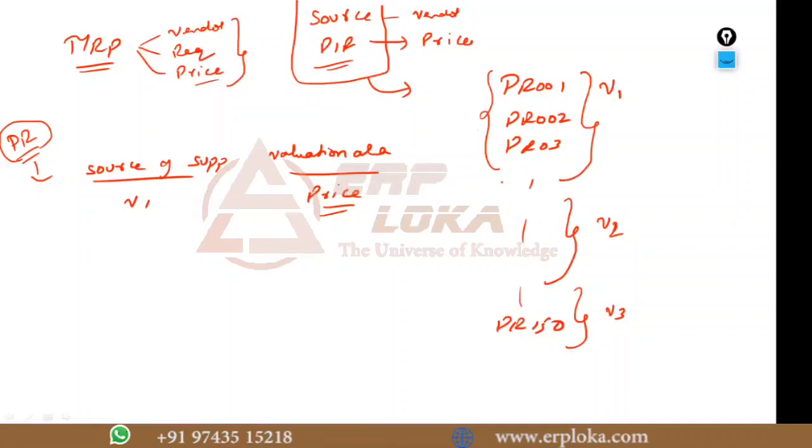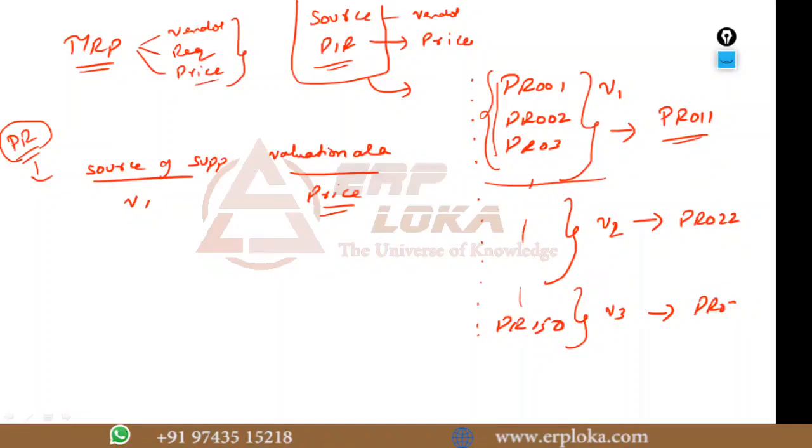When you select all these PRs and click on collective PR, these three PRs will be clubbed into one and give you PR 011. These PRs will get clubbed into PR 022, and this will give you PR 033.